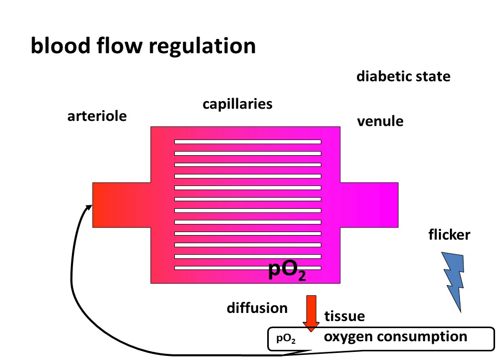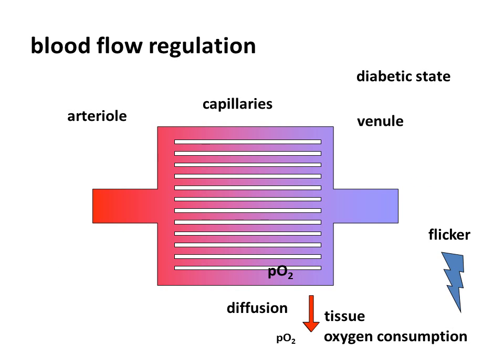Maybe this feedback loop between oxygen consumption and the vasodilation is somehow impaired in the diabetic patients, resulting in an insufficient increase of oxygen supply upon the flicker, and finally this may result in hypoxia in the retinal tissue, which might be a reason for neovascularization in proliferative diabetic retinopathy.